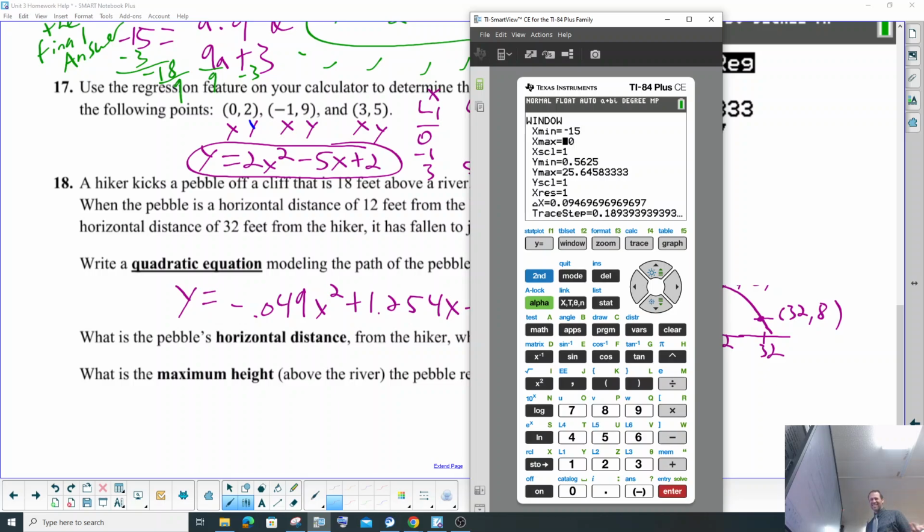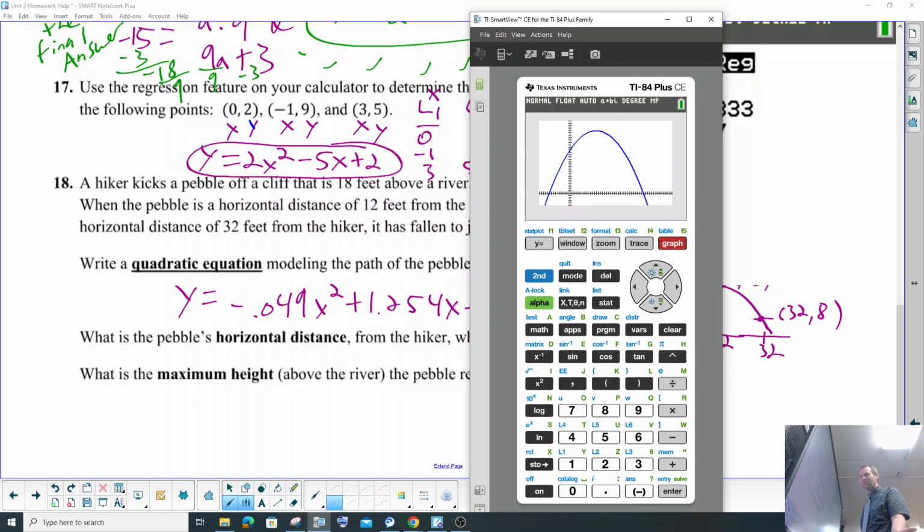The y max, looks like it's going pretty far, like 50 or 40, let's try 50. You're going to have to guess around until you find it. So then the minimum is going to be like -5. And it looked kind of like about 25, so that was okay, I think. Oh, nope, it's higher than that. Go back to window. So we got to go up to maybe like 30, for example.